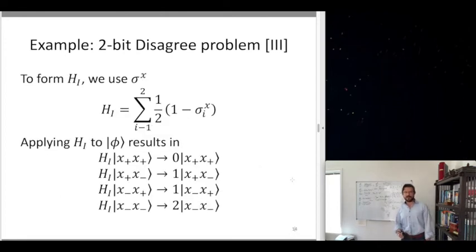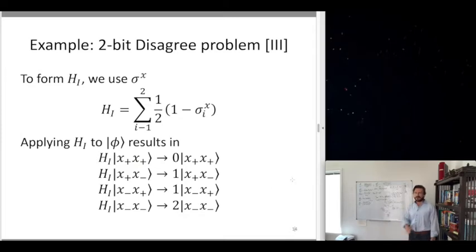So that was the final Hamiltonian. But now let's look at the initial Hamiltonian. So how do we start that system? And here, remember these two states that we looked at. For each of the qubits, we apply this transformation. So we start with the X matrix for each qubit, and that gives us the result here.